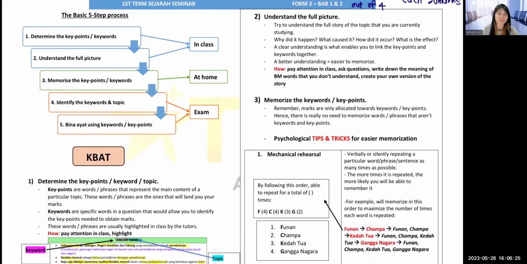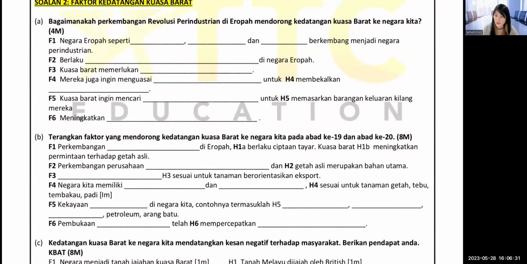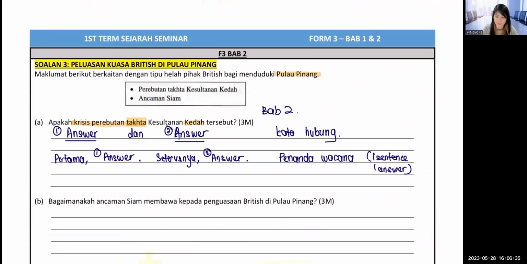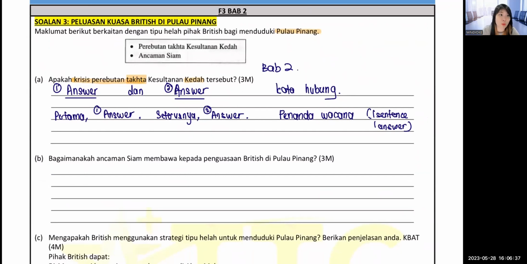For example, when we go to our latihan, I just give you an example, the first structure question. You just refer to the screen, you don't need to turn your page. Understand the structure first.